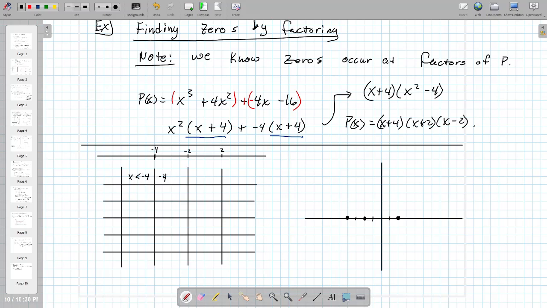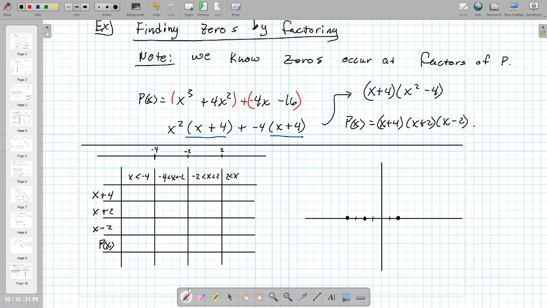We have x between negative 4 and negative 2, and x between negative 2 and 2, and x greater than 2. So we're going to split up our number line into these 4 intervals. We have x plus 4, x plus 2, x minus 2, and then p of x, which is a product of all 3 of these values.